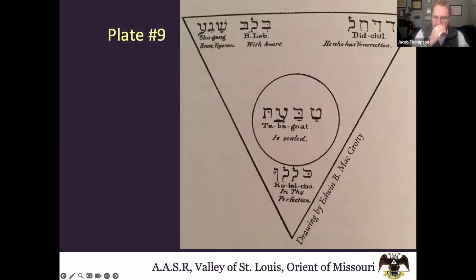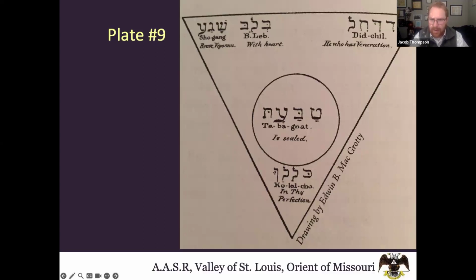And in the center, he comes up with tan-bat. No such word exists, and by the addition of those letters, he creates the phrase seal or signer. The last word, ko la cho, meaning in thy perfection. So then he comes to this summation of basically brave and vigorous with heart. He who has veneration is in thy perfection is sealed.